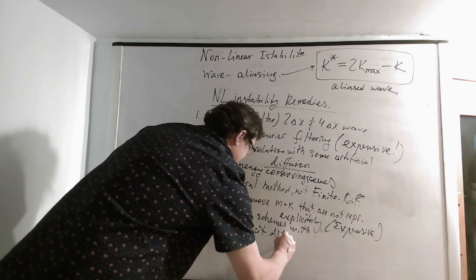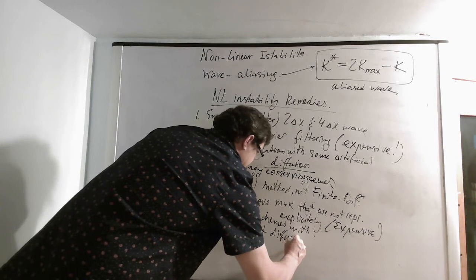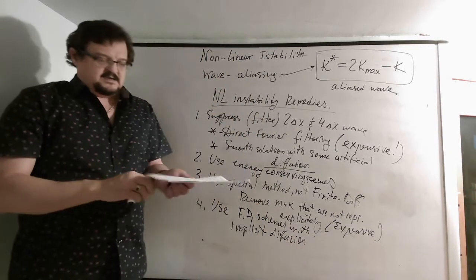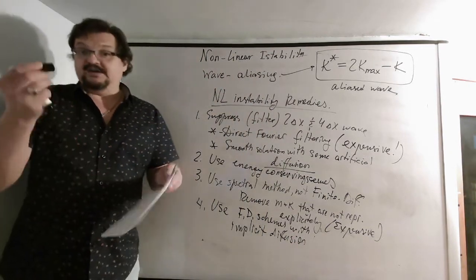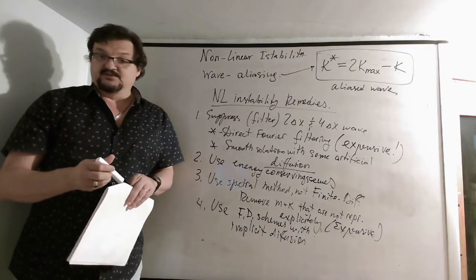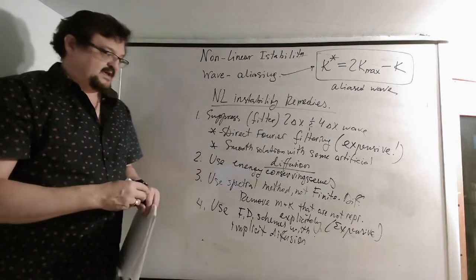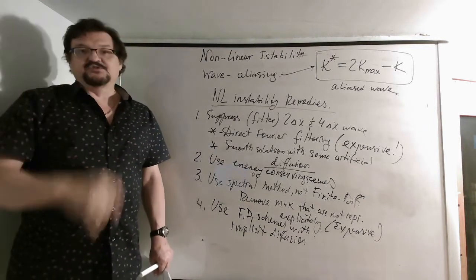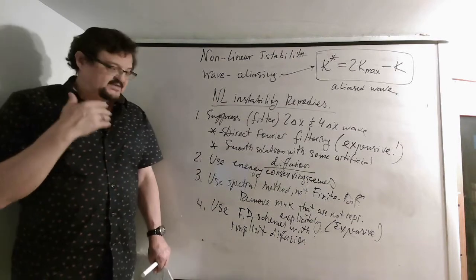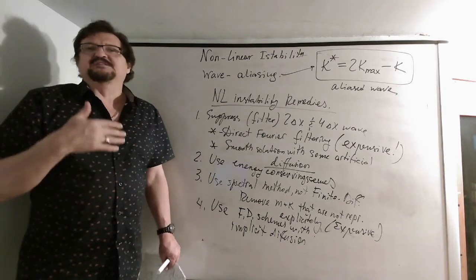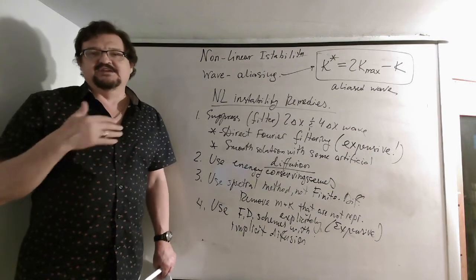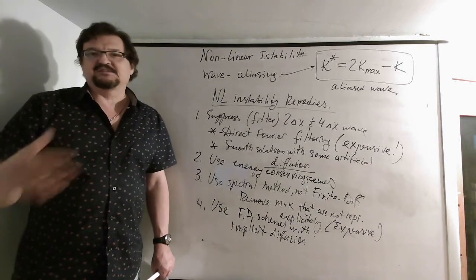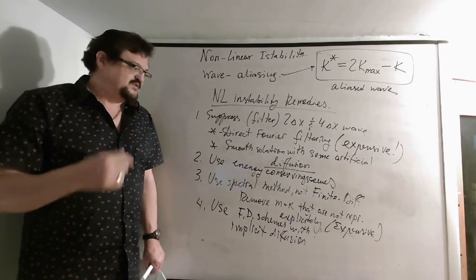So remember, if we use an upstream biased scheme, for example, it's very numerically diffusive, and it tends to reduce amplitudes. It's probably too much. It's too dissipative, too diffusive.